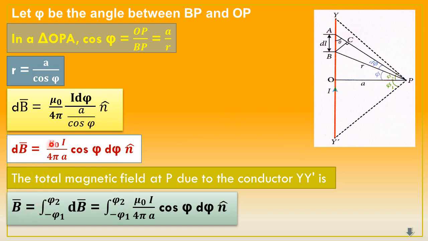We put the integration symbol on the right-hand side, integrating from minus phi 1 to phi 2, because we have the values from phi 1 to phi 2, into dB vector, which is mu naught I divided by 4 pi A into cos phi d phi into n cap.